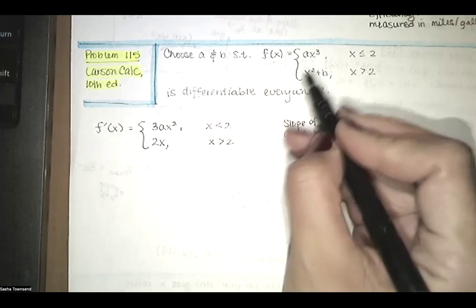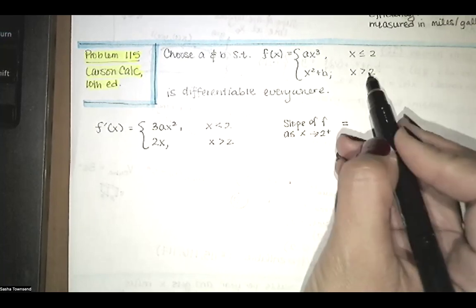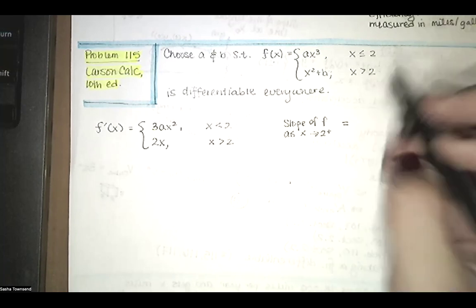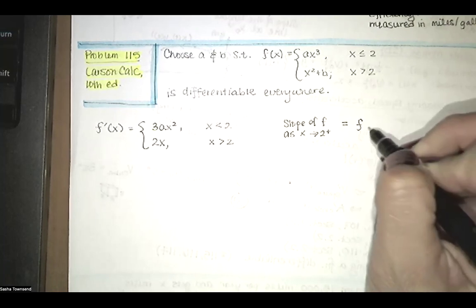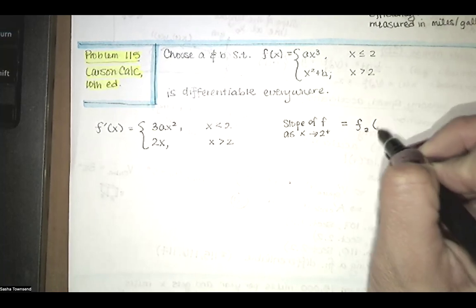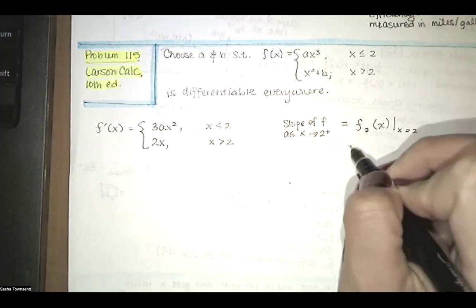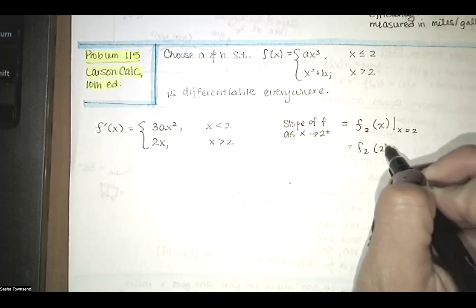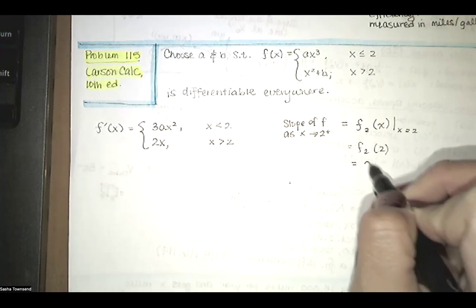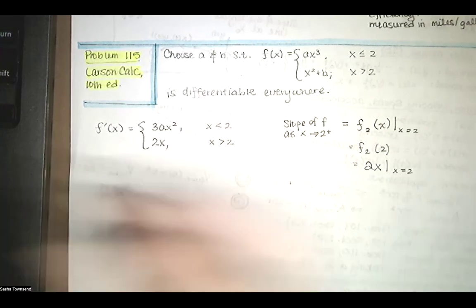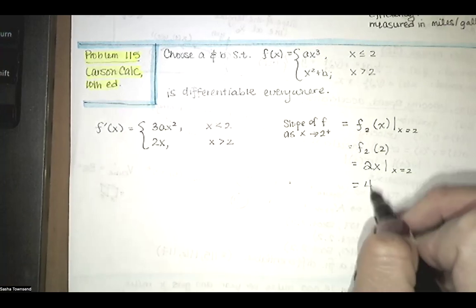Because remember, this piece defines the function for x greater than 2. Remember, that's that parabola. It was on the right-hand side of 2. So this is going to be f sub 2 prime of x evaluated at x equals 2. We have f sub 2 prime of 2. Now f sub 2 prime is 2 times x. So when we substitute in x equals 2, we get 2 times 2, which is 4.